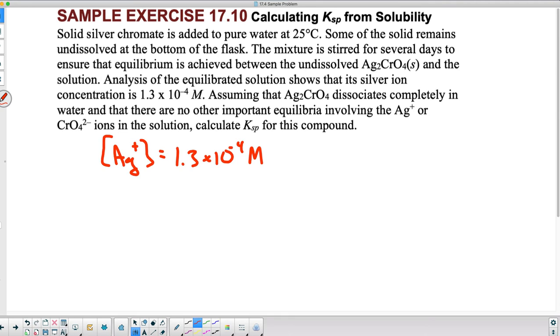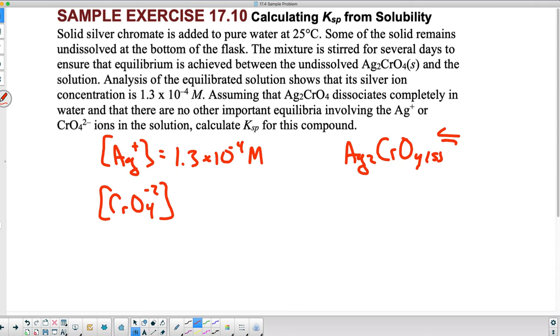The first thing that we're going to need to do is figure out what the concentration is for the chromate ion. To be able to do this, we're going to have to know that if I've got silver and chromate together, I'm going to need the 2 for the silver.